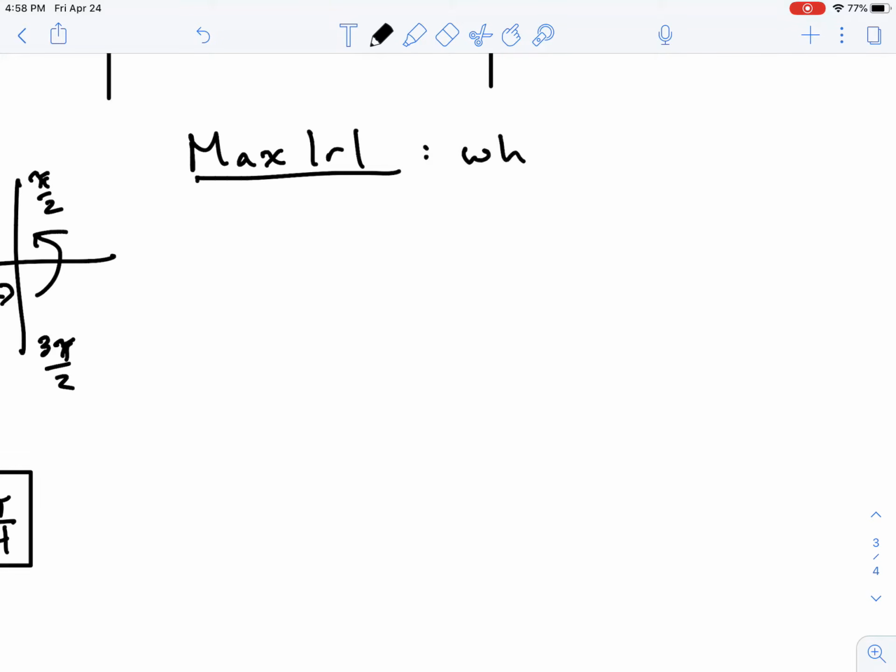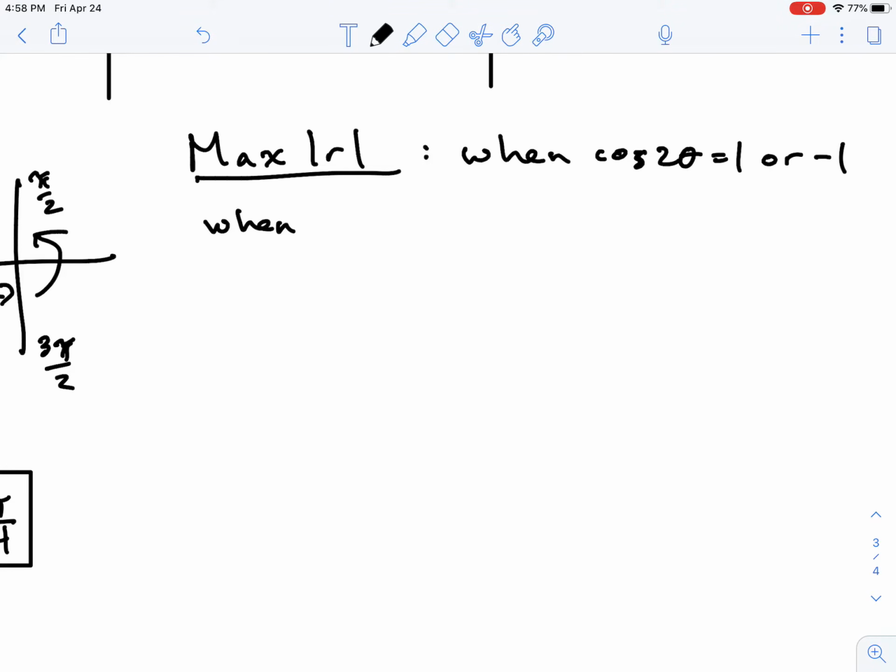Our maximum r values are going to occur when, in this case, cosine of 2 theta is equal to 1 or negative 1. Again, we're asking ourselves what angles of theta would cause our r values to be the biggest possible numbers they could be. That can only occur when cosine of 2 theta is equal to 1 or negative 1, because that's the max for cosine.